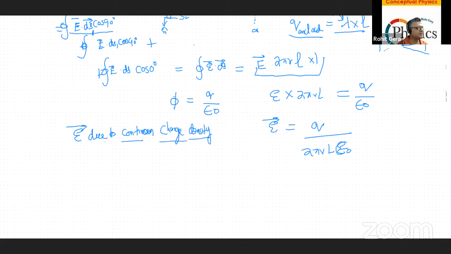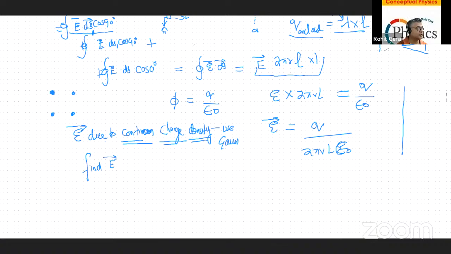For point charges, Coulomb's law is very handy. If you have point charges, use Coulomb's law. But if you have a continuous charge density where there is some uniformity, like a uniform line charge, use Gauss. So Gauss law is extensively used to find electric fields due to uniform charge densities.